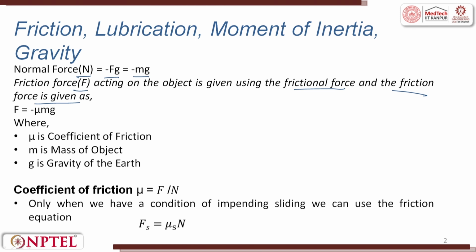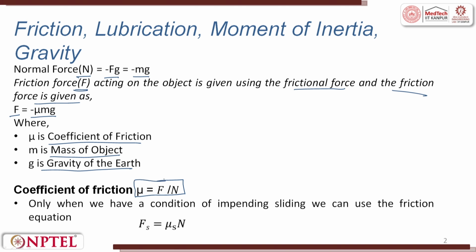Friction force F acting on the object is given as F is equal to minus mu mg, where mu is the coefficient of friction, m is the mass of the object and g is the acceleration due to gravity. Coefficient of friction therefore turns out to be mu is equal to F by N, that is frictional force over the normal force acting on an object.